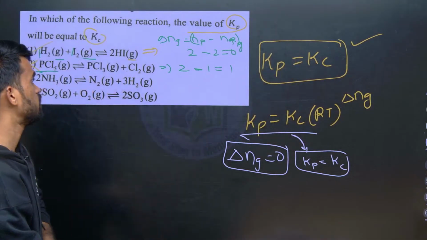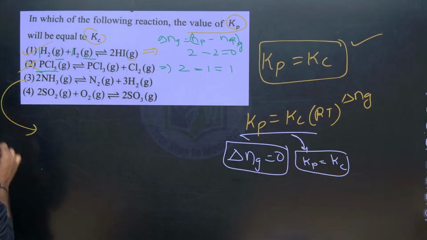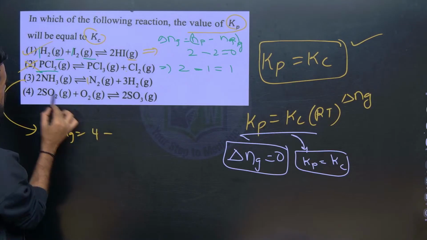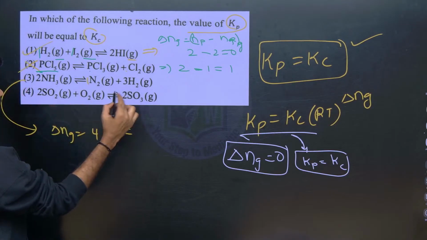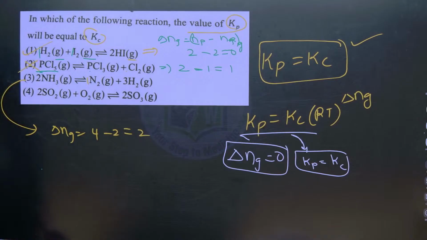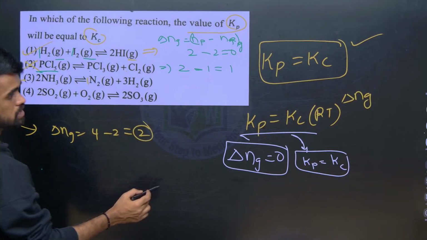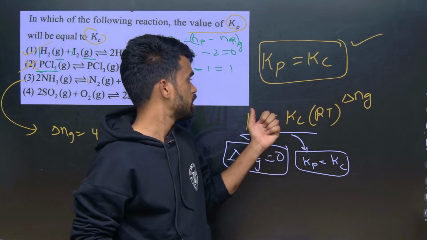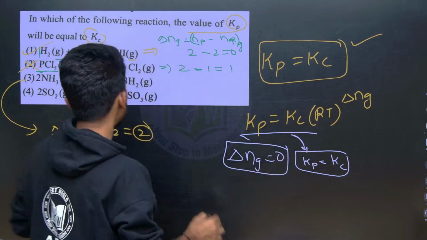For the third one, delta Ng will be 1 plus 3, 4, minus 2, so it is plus 2, right? So delta Ng is 2. It means Kp equals Kc RT power 2. It is not Kp equals Kc, so this is also incorrect.